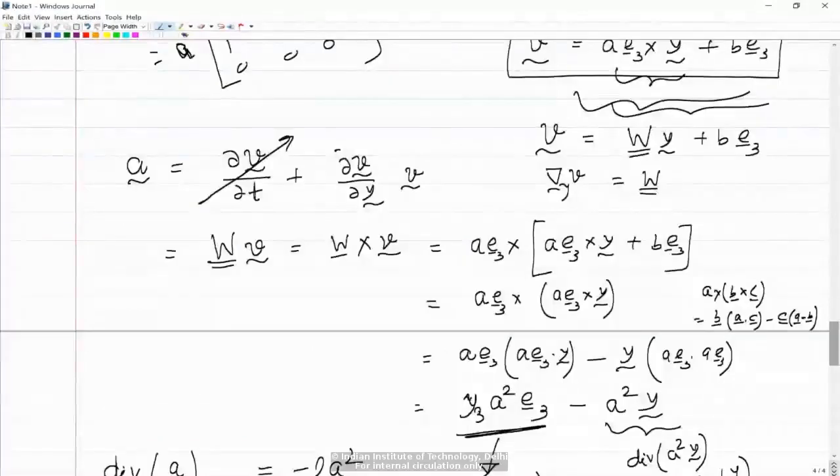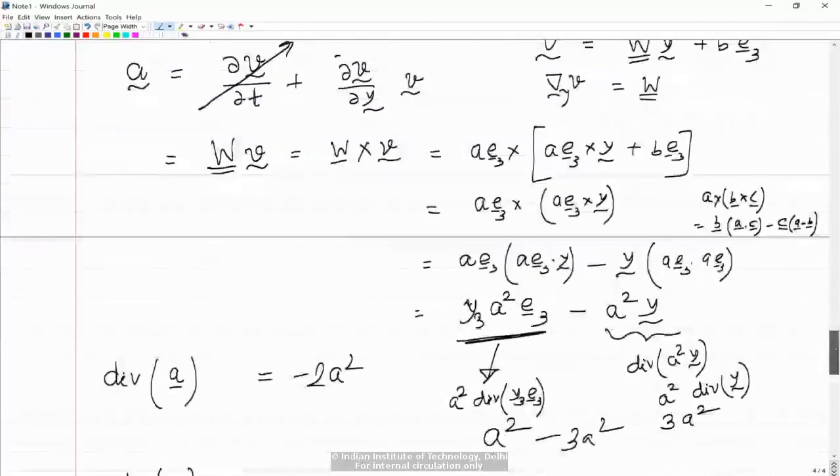This big W tensor into vector Y is equivalent to the vector small w cross Y. How are these two equal? Okay, this is something we have already done earlier, no? Whenever you have a skew symmetric tensor W, this works only when W is skew symmetric.